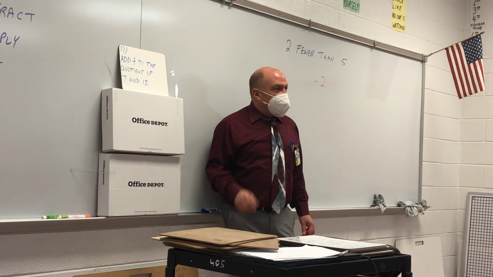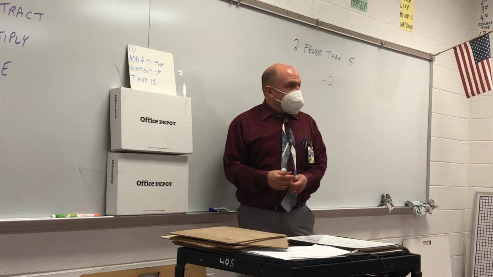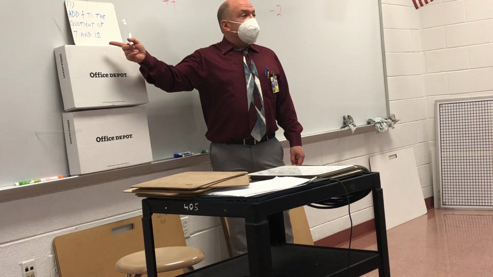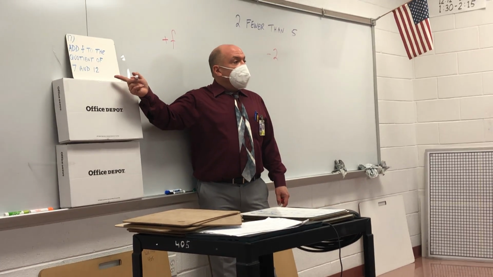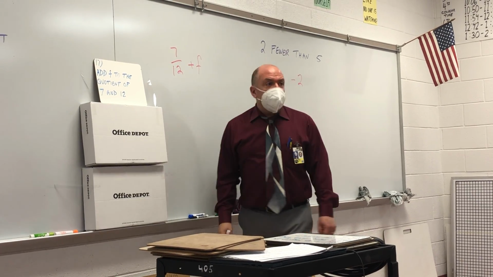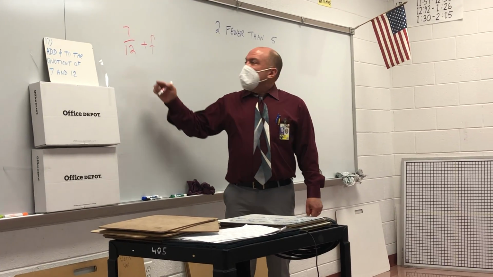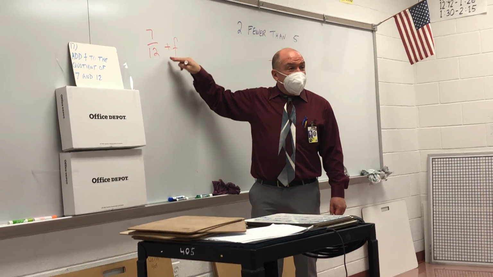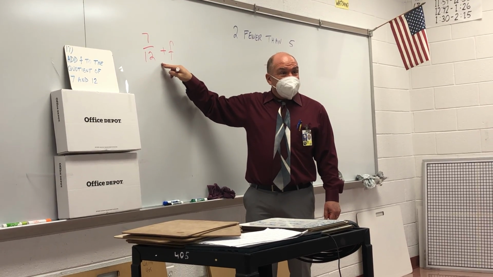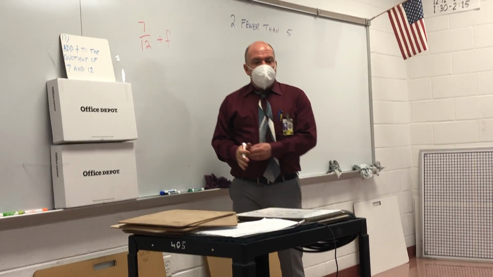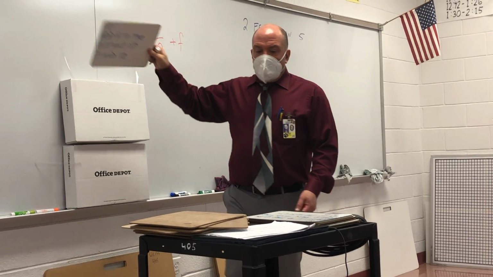What sign do I use? Plus F. Can I write plus F? Add F to the quotient of 7 and 12. 7 divided by 12. By the way, once you do 7 over 12, you're going to have to click to the right to get the plus sign. Otherwise, the calculator is going to put the plus right next to the 12. I don't want that, right? Okay?